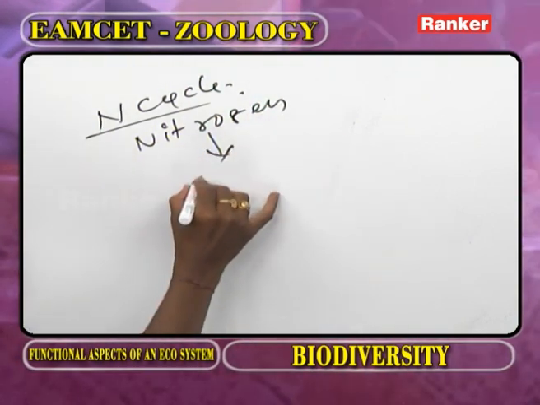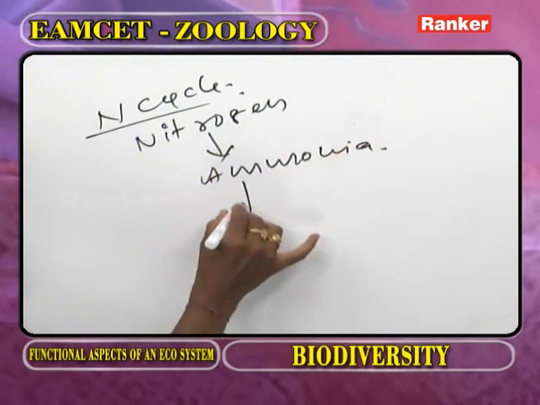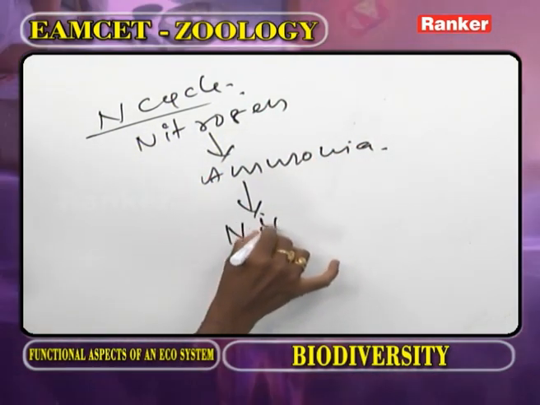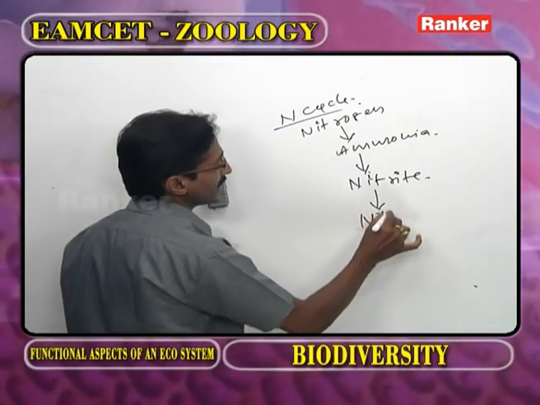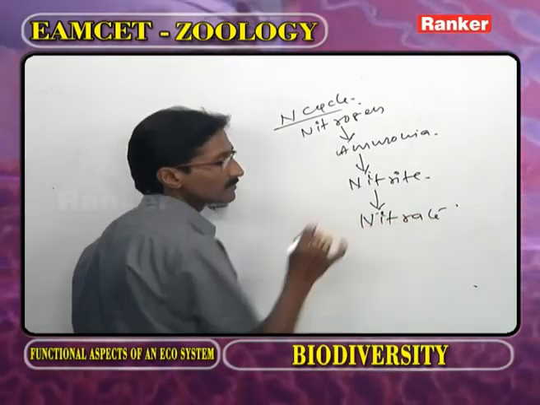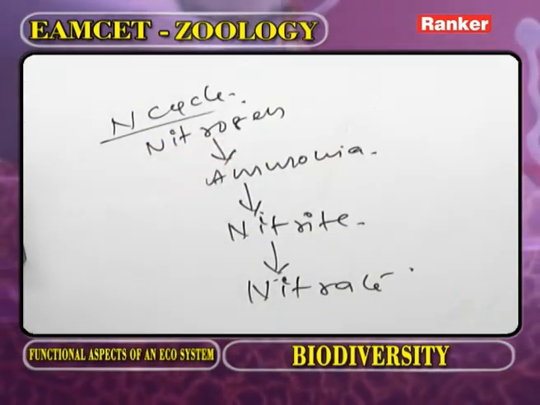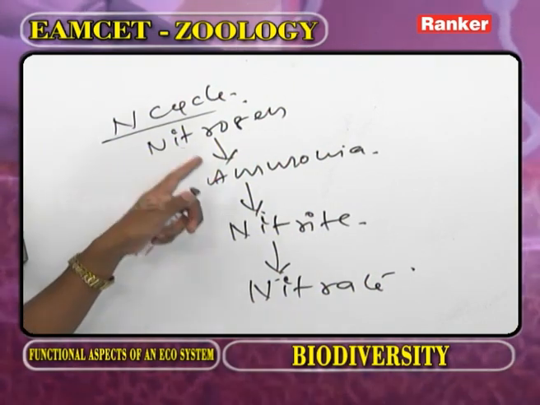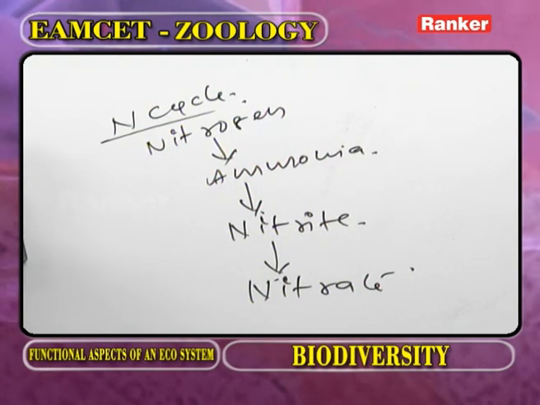The nitrogen is converted into ammonia, then the ammonia is converted into nitrite and then into nitrate. The plants are unable to take the nitrogen directly, so the nitrogen is converted into nitrate, and then it is taken by the plants.